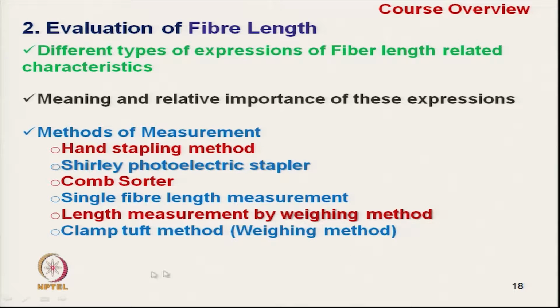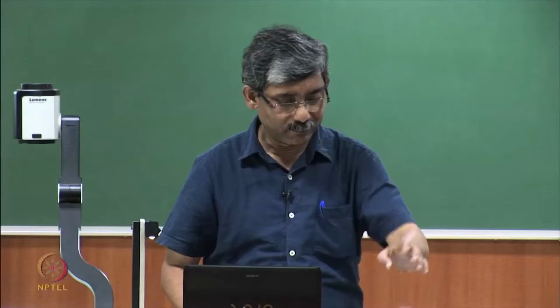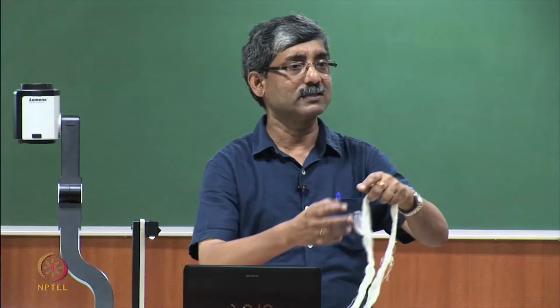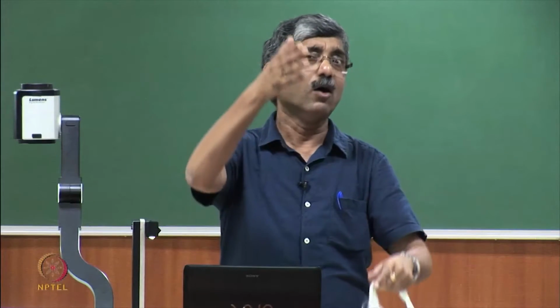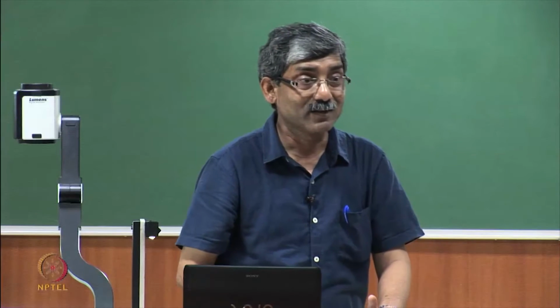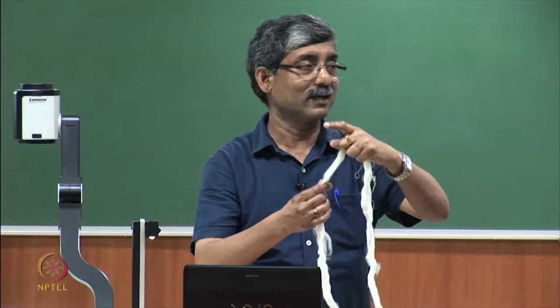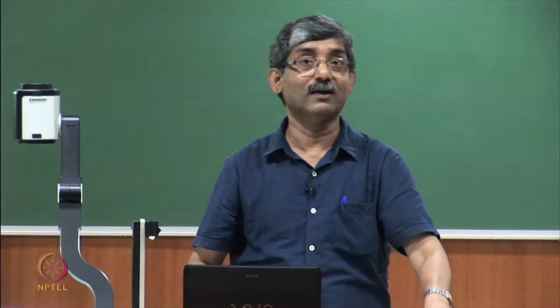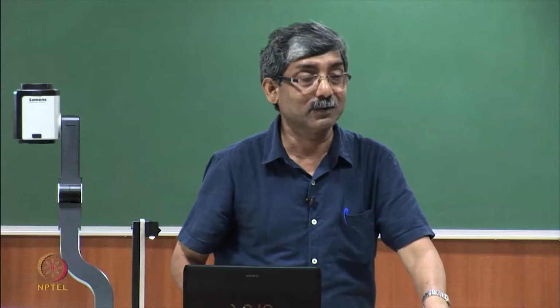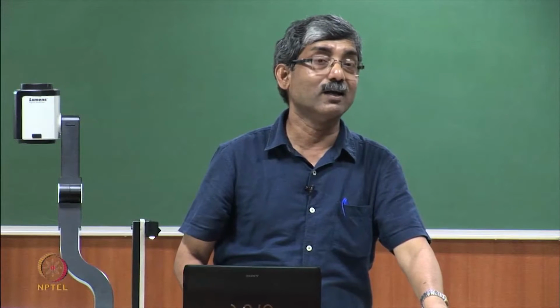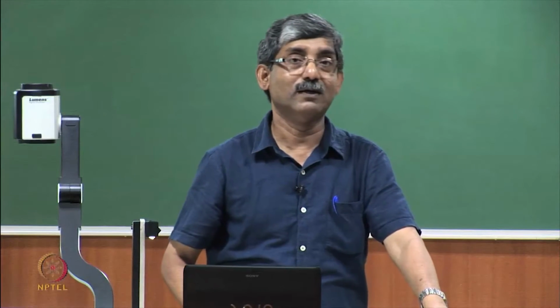Another weighing method is called the clamped tuft method. It is used mainly for sliver and fibers that are almost parallel in nature. If we want to test the length of the fiber from the sliver, we use the clamped tuft method. So, various methods are used for different types of fibers.